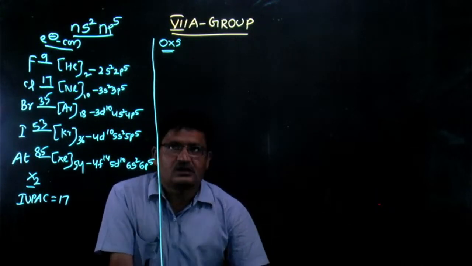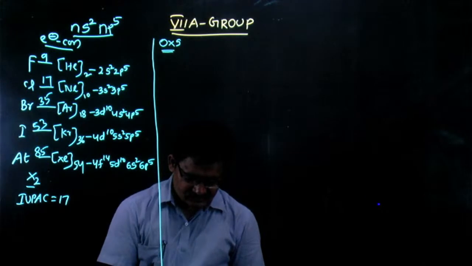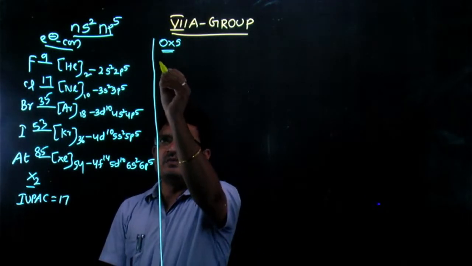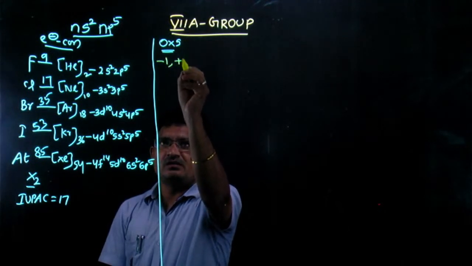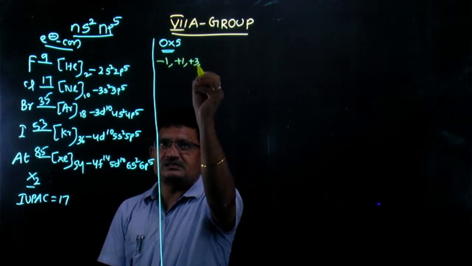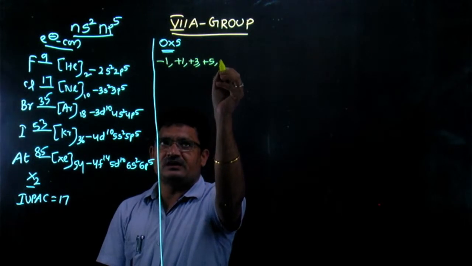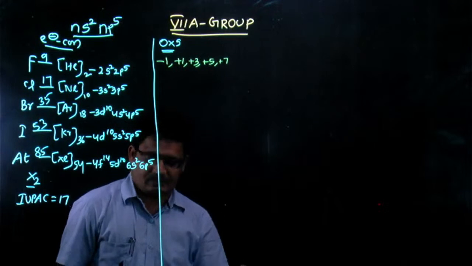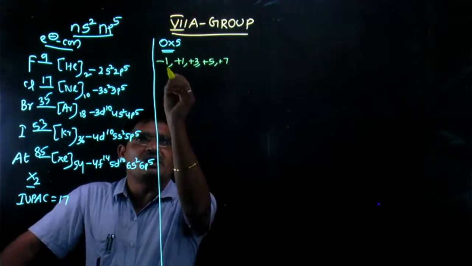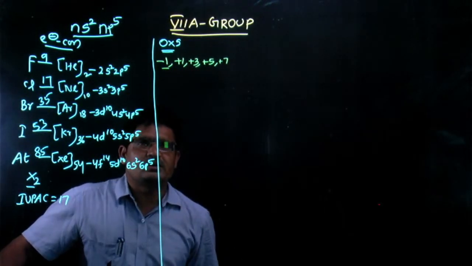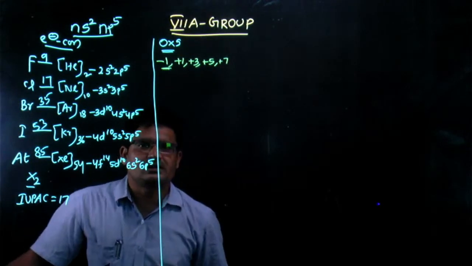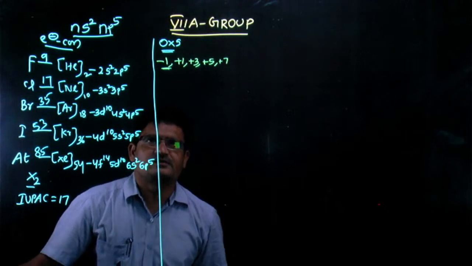The oxidation states of the seventh group elements are -1, +1, +3, +5, +7. Now this -1 is called the common oxidation state. This common oxidation state depends upon the zero group element electronic configuration.